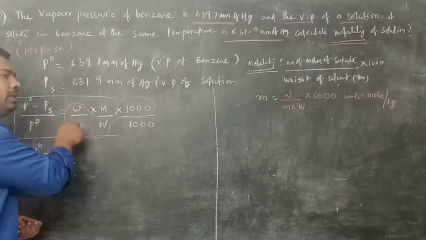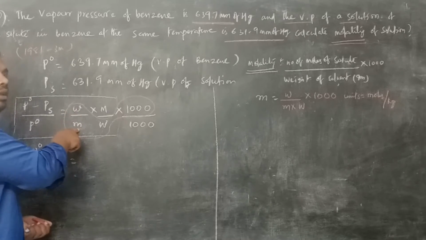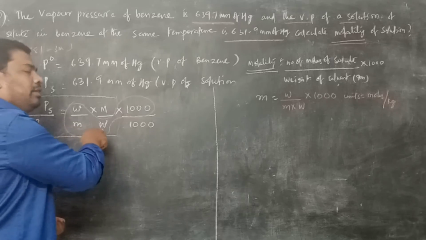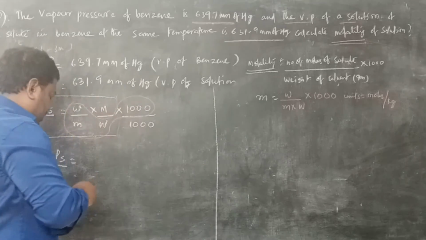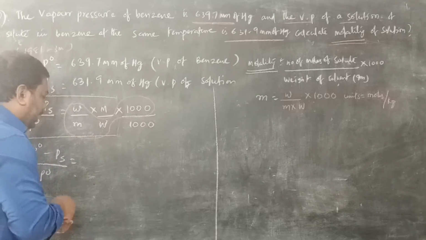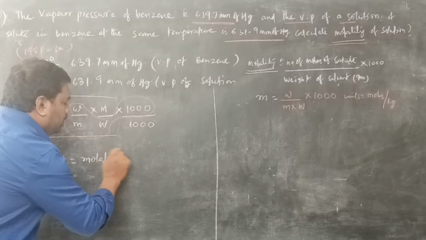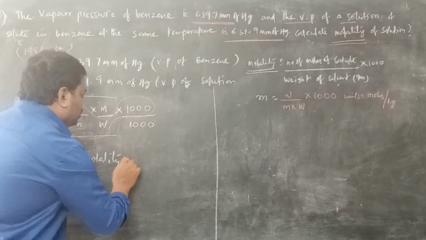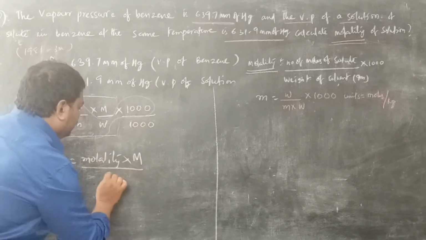Small w by small m is the weight of the non-volatile solute divided by its molecular mass, and this is divided by the weight of the solvent, into 1000. In this place we can substitute molality, and the remaining term is capital M divided by 1000.